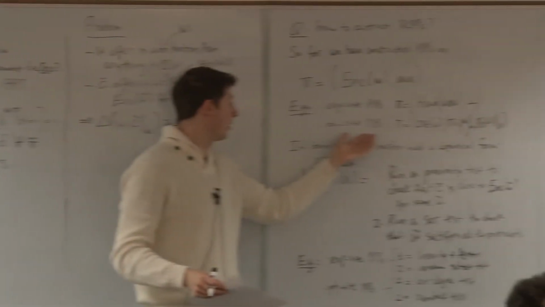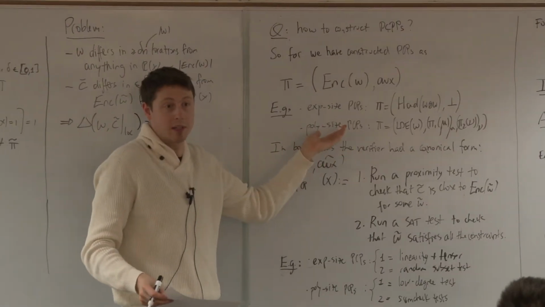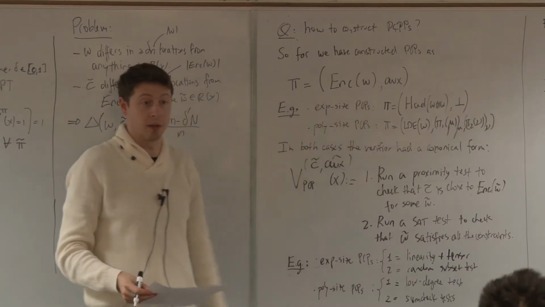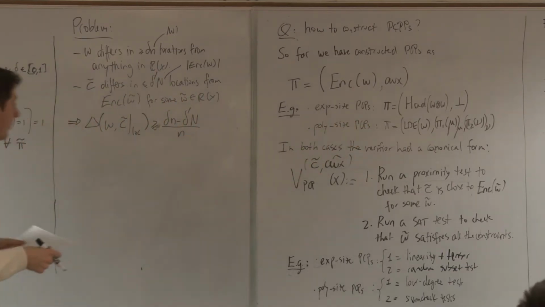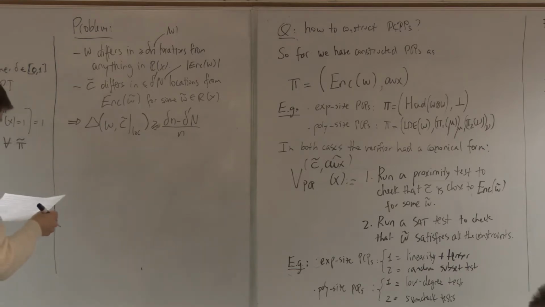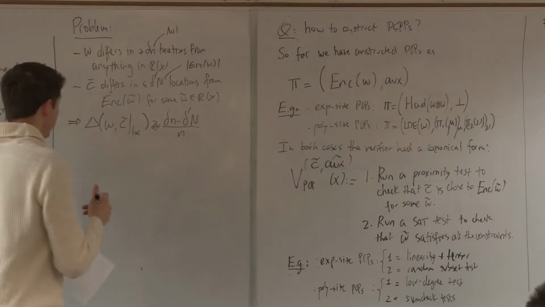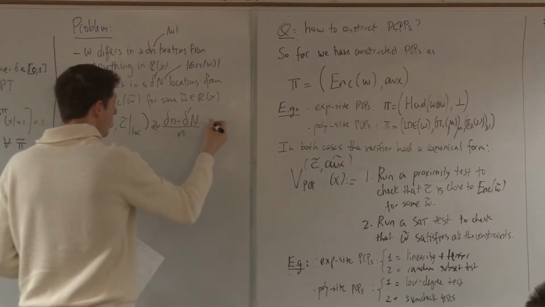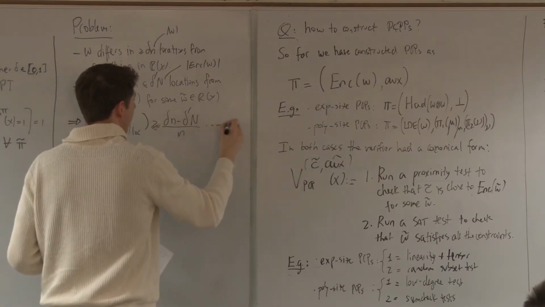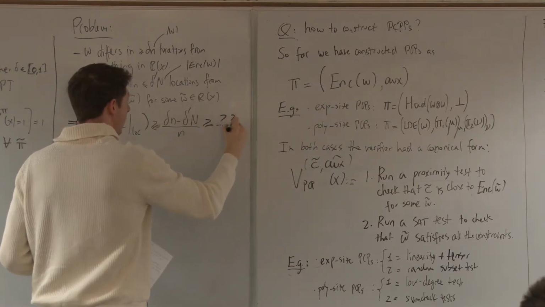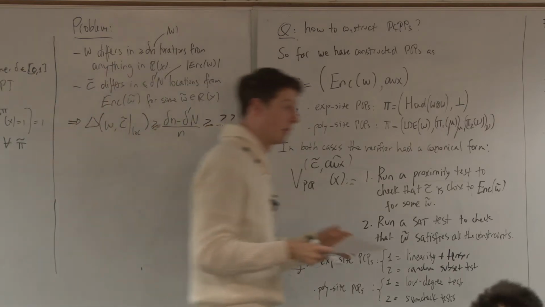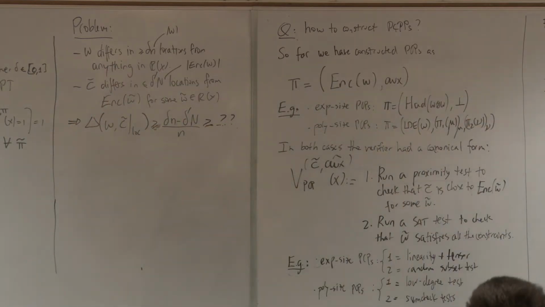And for polynomial PCPs, we have polynomial size, right? So it might be like n to the 8 compared to n, right? Okay, so that's a problem, which is, we cannot say much, right? So we don't know if this is greater or equal to what, really. You can say it's maybe at least 0, but that's not very helpful.